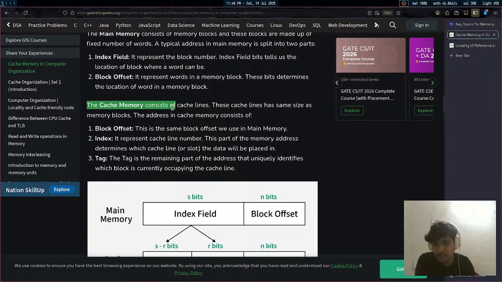The cache memory consists of cache lines. These cache lines have the same size as memory blocks. The address in cache memory consists of block offset. This is the same block offset we use in main memory. If we are copying a block at a time from main memory to cache, I think the offset will have nothing to do with it. The offset will just remain the same. The only thing that changes is the index.